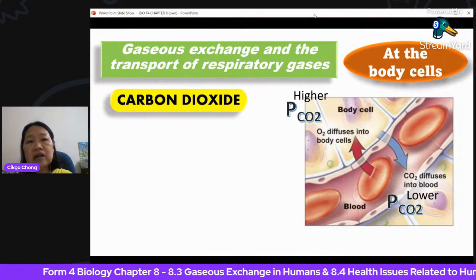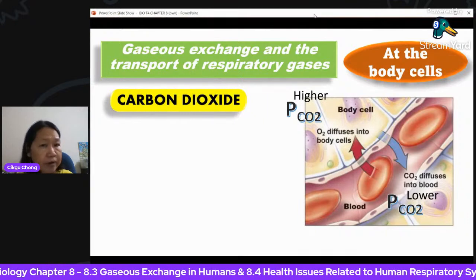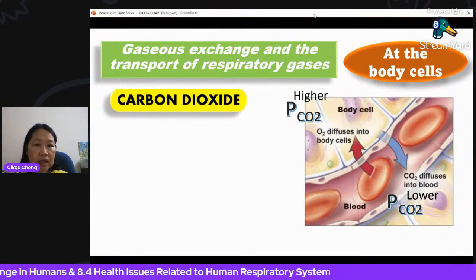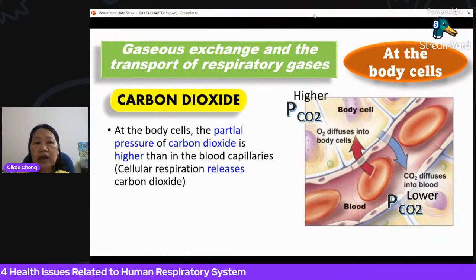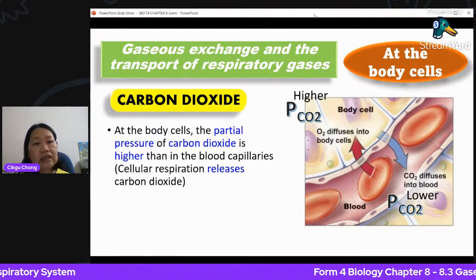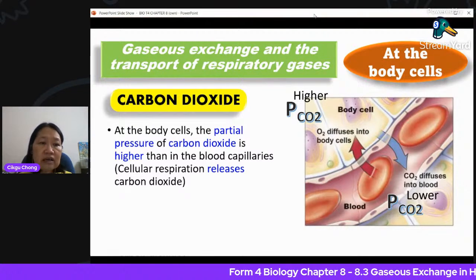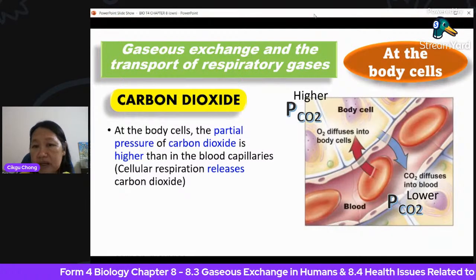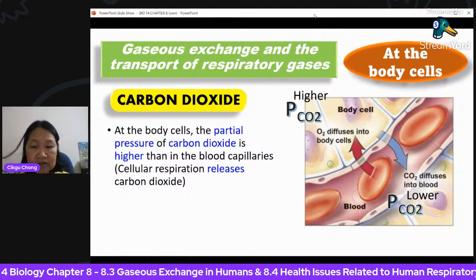So you always have a higher partial pressure of carbon dioxide in the body cell compared to the blood capillary. At the body cells, the partial pressure of carbon dioxide is higher than in the blood capillaries, because cellular respiration releases carbon dioxide. So you always have a lot of carbon dioxide produced by the body cells.